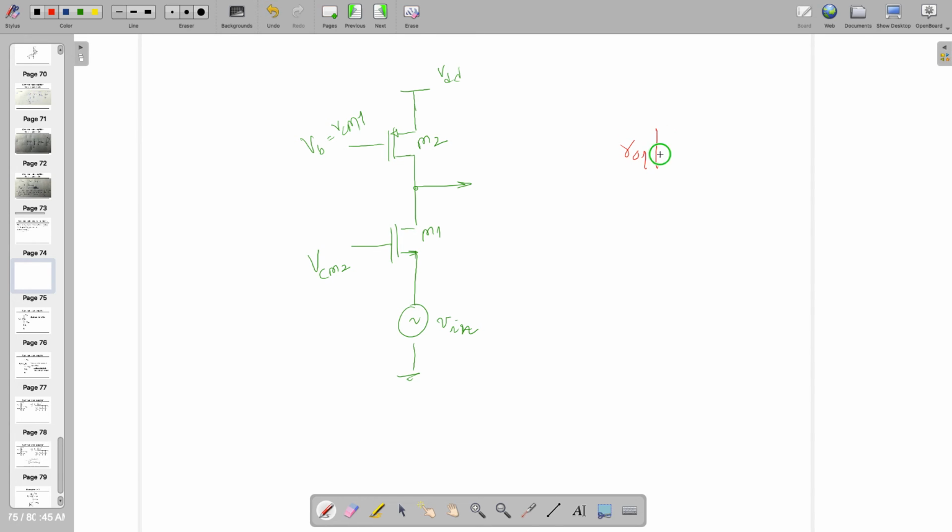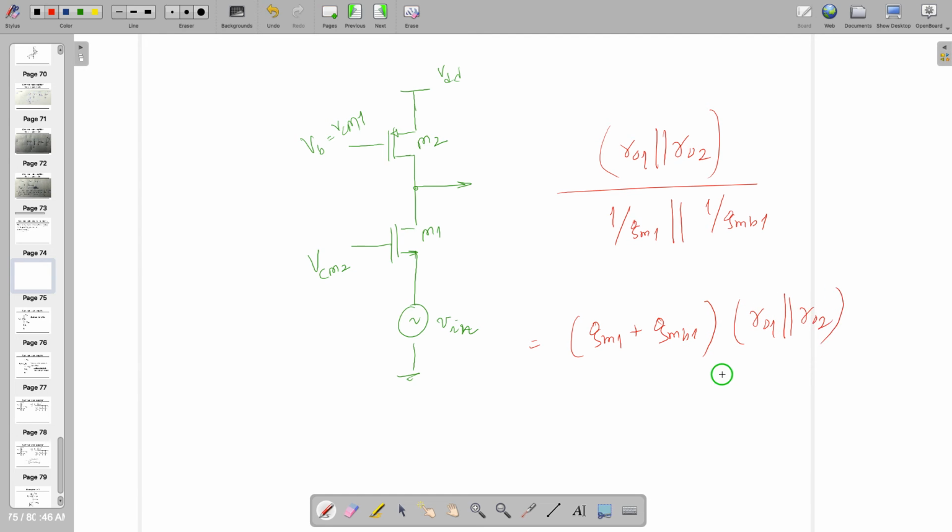RO1 in shunt with RO2 divided by 1 by GM1, yeah, so 1 by GM1 in shunt with 1 by GMB1, right? And that is going to give me GM1 plus GMB1 into RO1 in shunt with RO2, right?